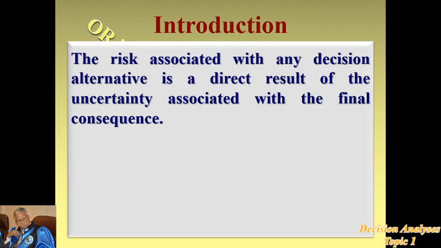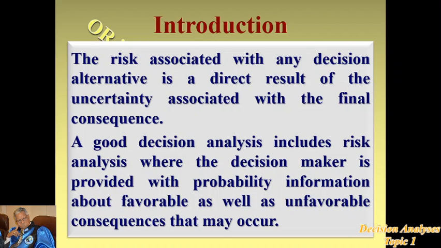The risk associated with any decision alternative is a direct result of the uncertainty associated with the final consequence. A good decision analysis includes risk analysis, where the decision maker is provided with probability information about favorable as well as unfavorable consequences that may happen.